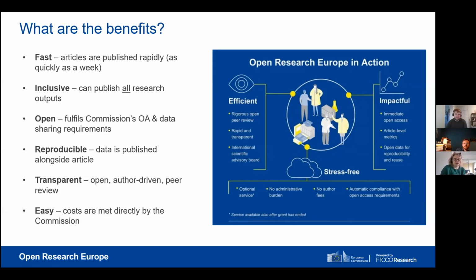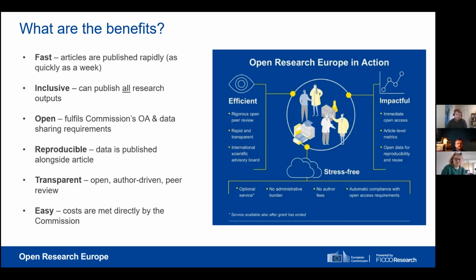I mentioned already that we're trying to be really inclusive and make sure that we can publish all types of research outputs with our wide variety of article types. And we do take the administrative burden away from the authors by making sure that we're fully compliant with all of the European Commission's open access and data sharing requirements.